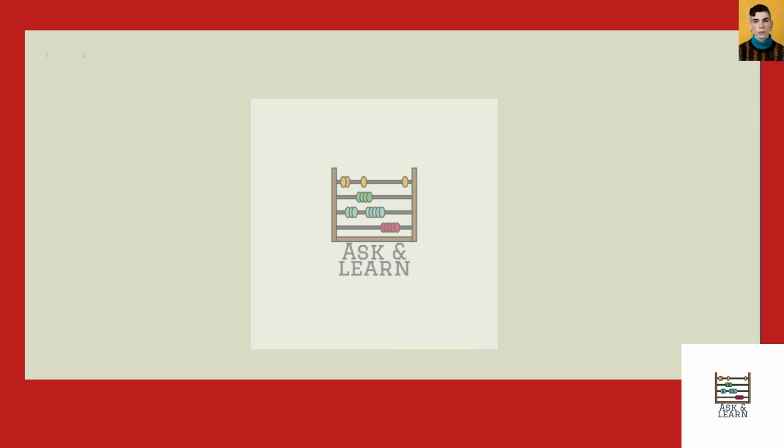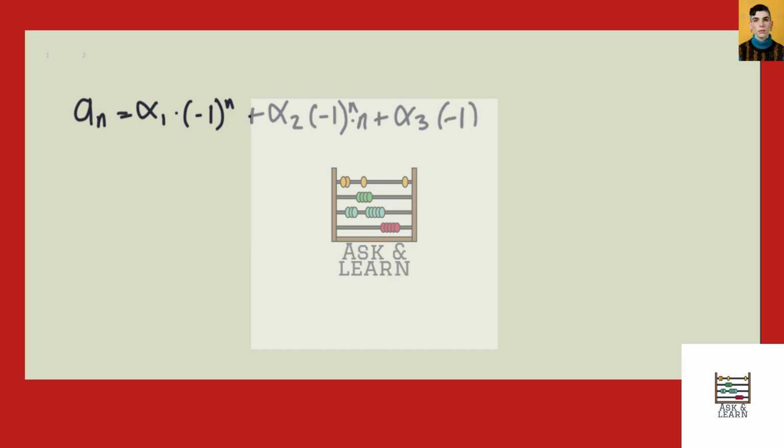Okay, so we'll use those roots to build a solution to our recurrence relation, and that solution will be of the form a_n is equal to alpha 1 times negative 1 to the n, plus alpha 2 times negative 1 to the n, and due to the multiplicity, this will actually be times n. Then alpha 3 times negative 1 to the n, but then multiplied by n squared.